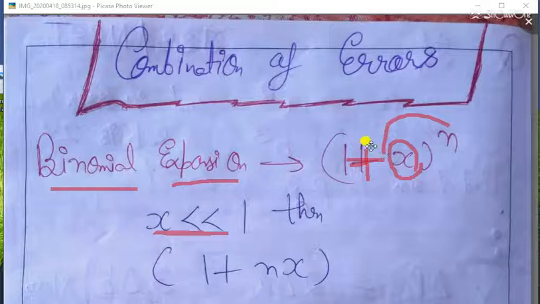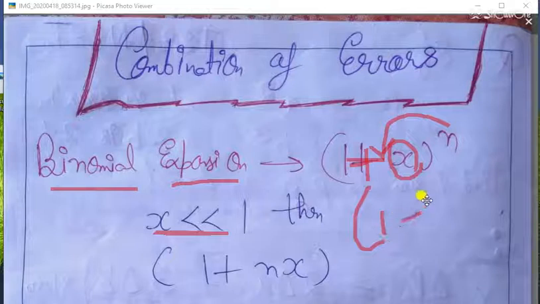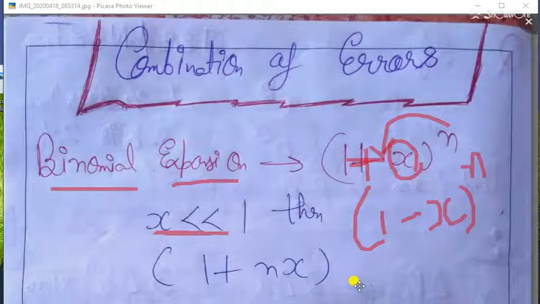In the same way, if it is 1 minus x raised to the power n, and x is very small, then we can write it as 1 minus nx.